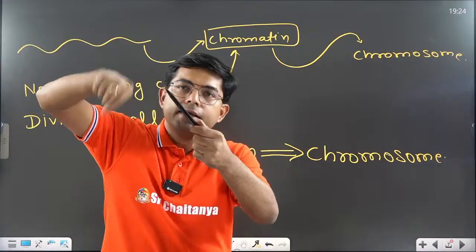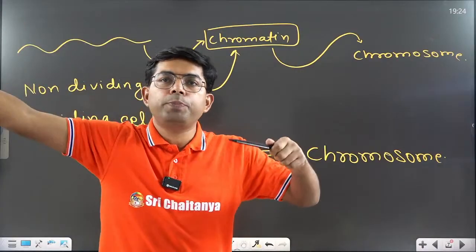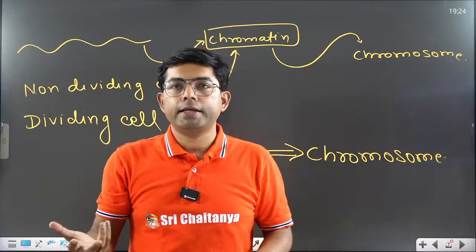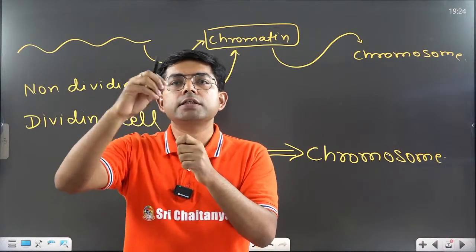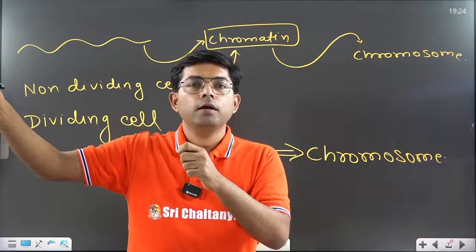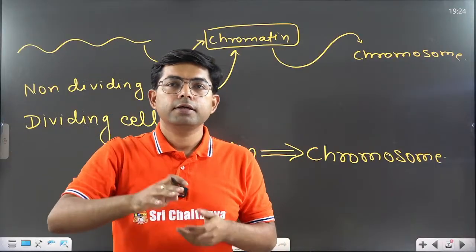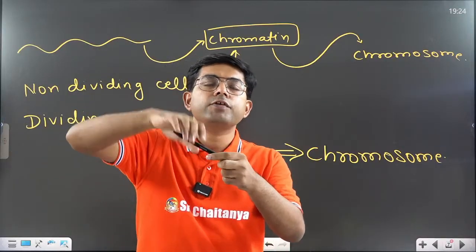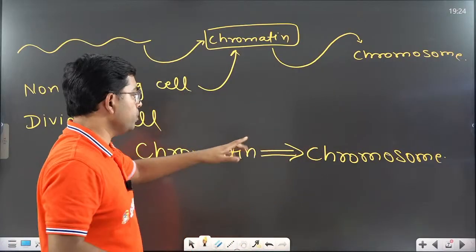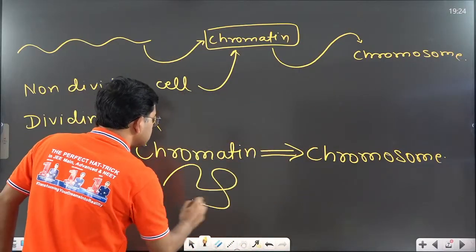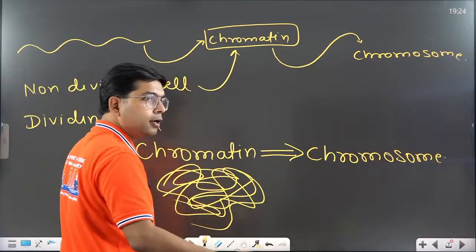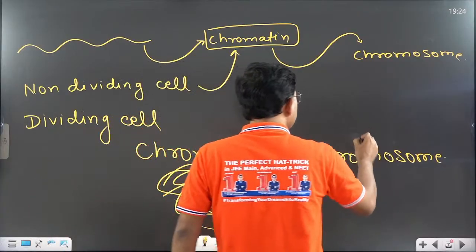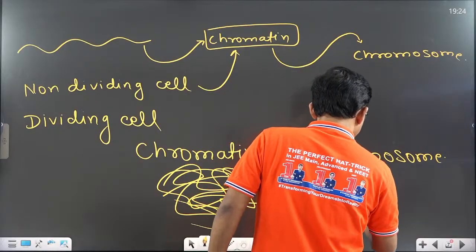If you unwind the thread and randomly open it, what is it? It is chromatin. So when the cell is not dividing, it is present in the form of chromatin. But when the cell is dividing, it will arrange itself in the form of chromosome. Chromatin will appear random, any thread-like structure you draw, but a chromosome will have a particular shape, right?